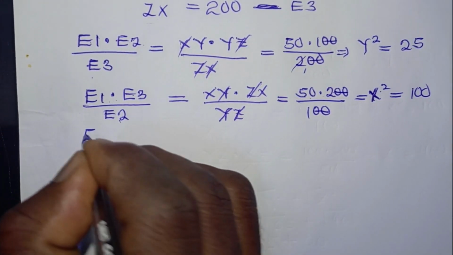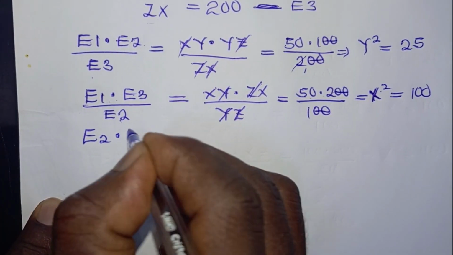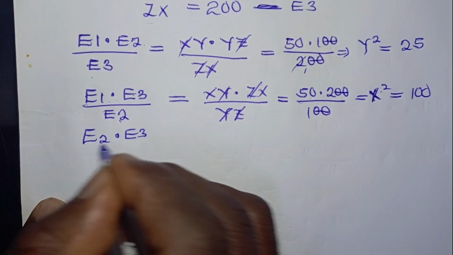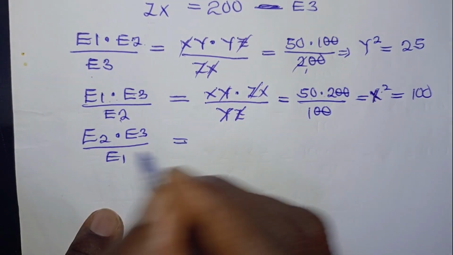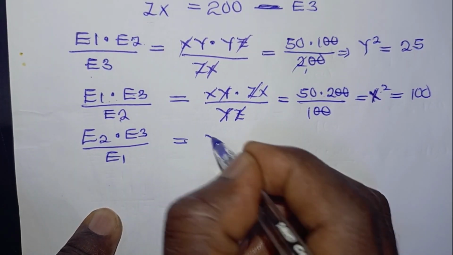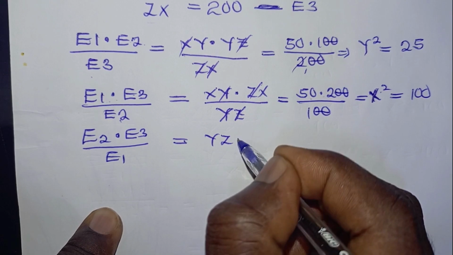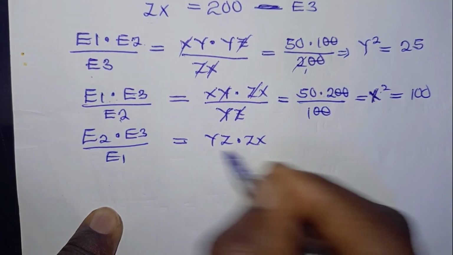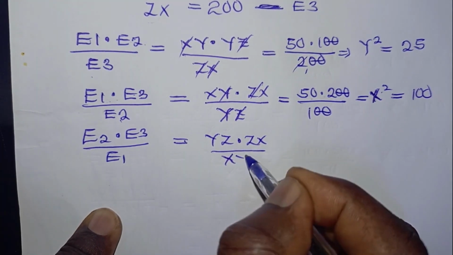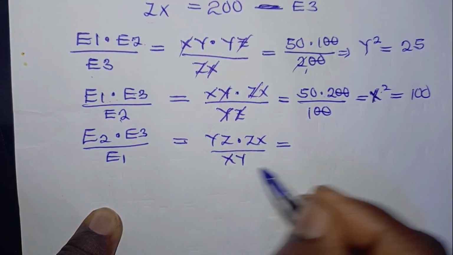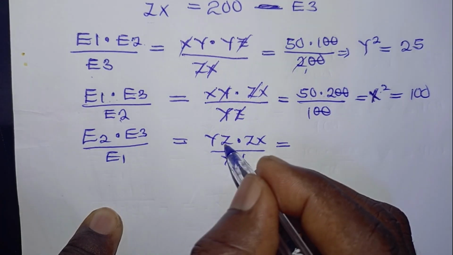We can also take E2 times E3 divided by E1. So here, our E2 is given as YZ, E3 is given as ZX, then E1 is given as XY. Let's multiply their values.